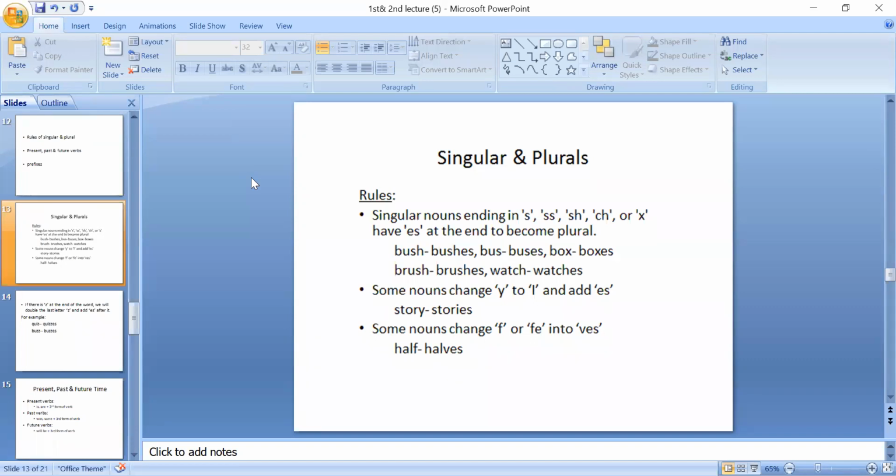For making plural, we'll change f into v and then we'll add es, that is halves. I'm telling you one more example, that is knife, K-N-I-F-E, knife. Knife is ending with f-e. We'll change f into v. E is already there and then we'll just add s at the end. So it will become knives.